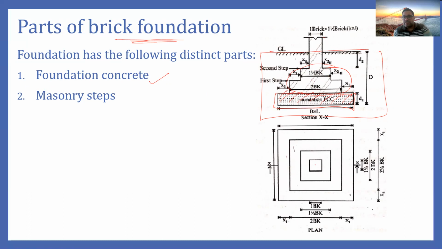And in the plan also you can see, if we consider this as a brick pillar foundation, the brick pillar will be a square, and this step will look like this, and then the third step, this one, and the fourth square will be of PCC. So this one is the PCC. So the two parts of the foundation here are, one is the foundation PCC and the second one is the brick masonry steps.